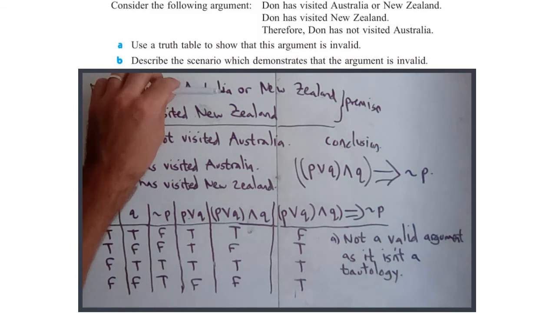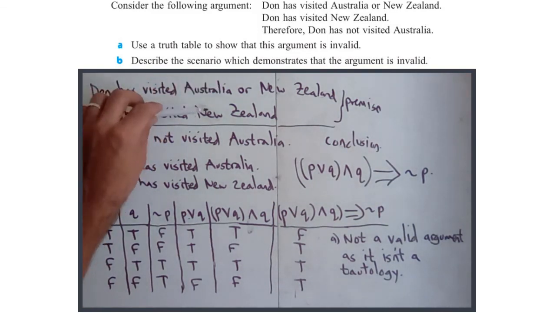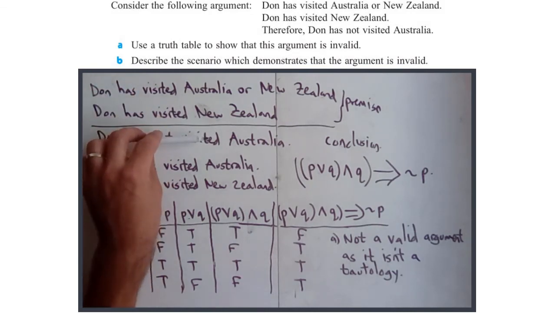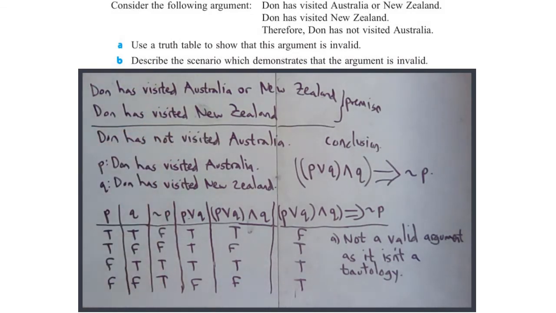So if he had been to both, then the premise would be true, but the conclusion would be false. That would be a scenario where everything in the premise was true but the conclusion was false. So Don went to both countries.